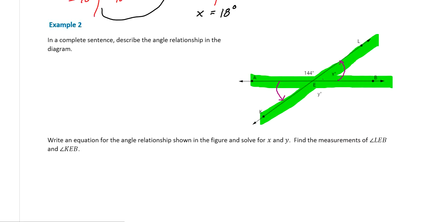They are vertically opposite angles, so I can say that angle AEK and angle LEB are vertical angles.